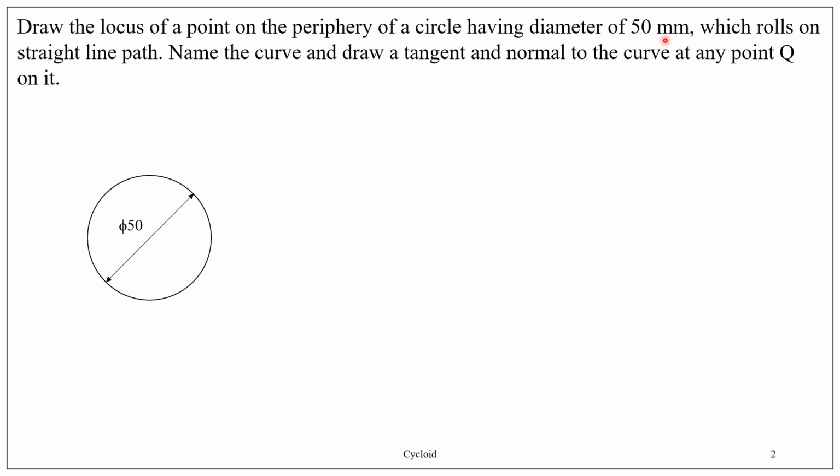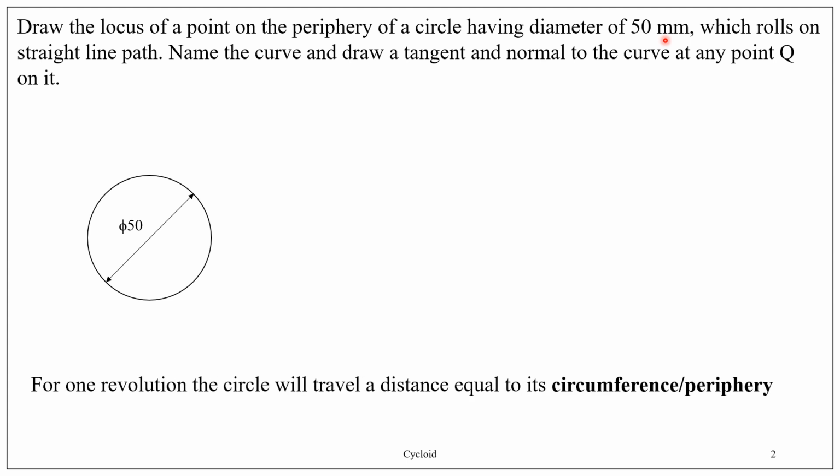We can assume the circle is going to complete one revolution. That means it will rotate through 360 degrees. We know for one revolution, the circle will travel a distance equal to its circumference or the perimeter.